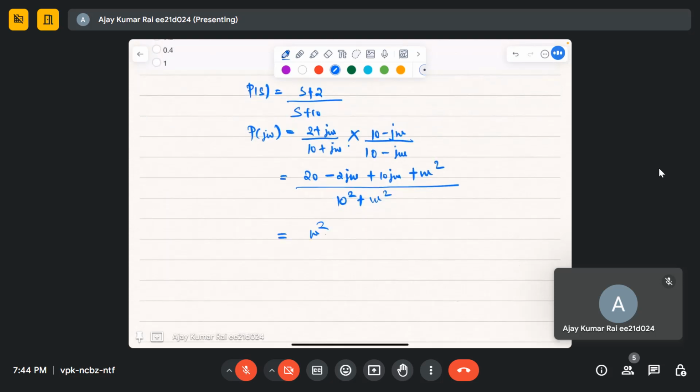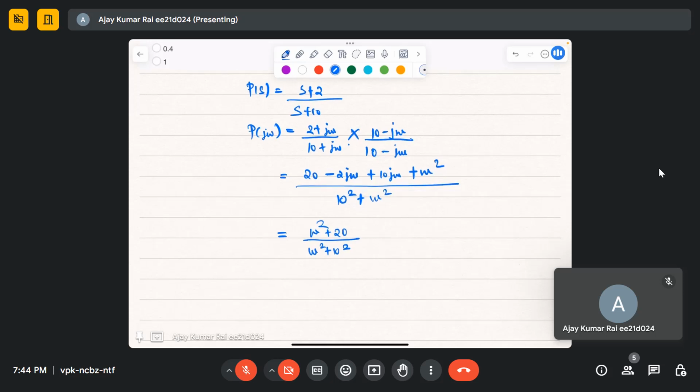Okay, so omega square plus 20 by omega square plus 10 square. Okay, this is the real part, and the imaginary part is plus this one.